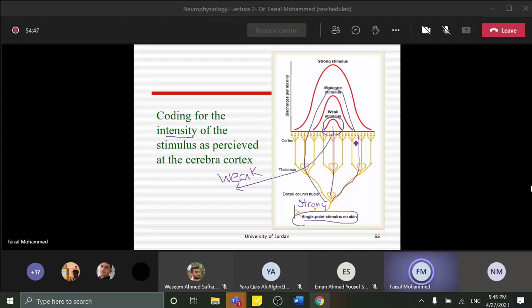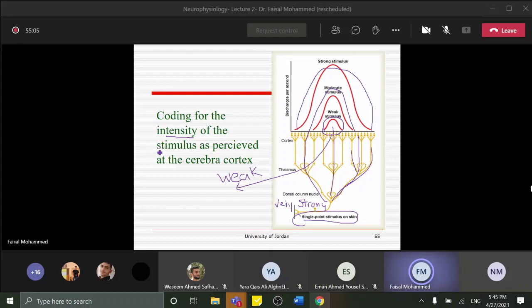This is a strong stimulus. If it is very strong, it will be able to stimulate all of this through here and on. So more fibers will be stimulated.